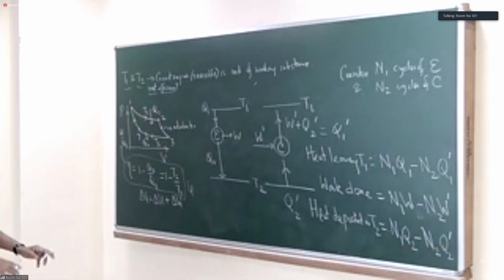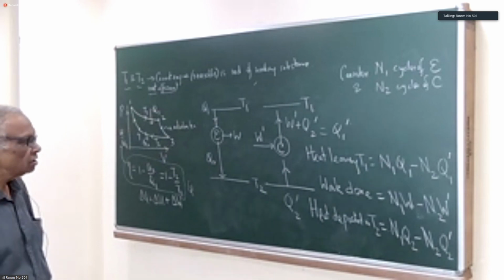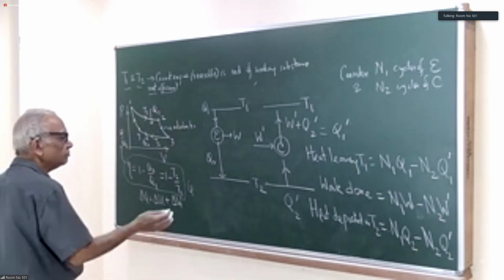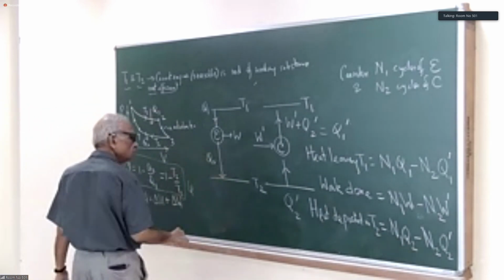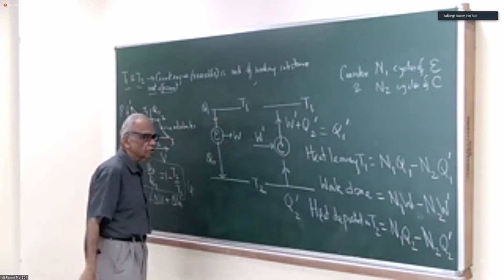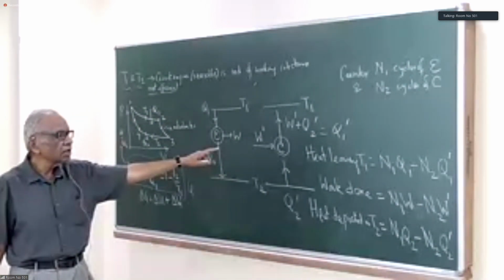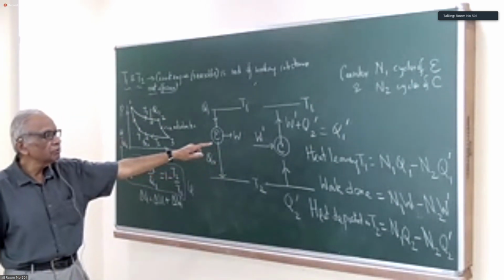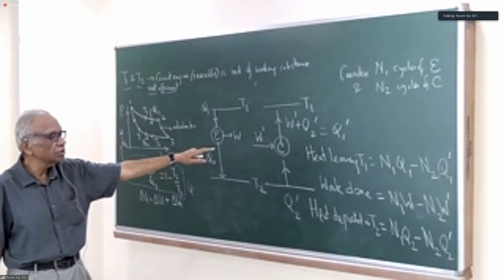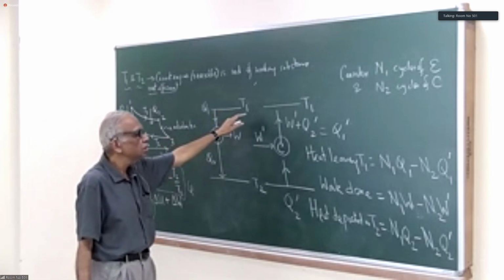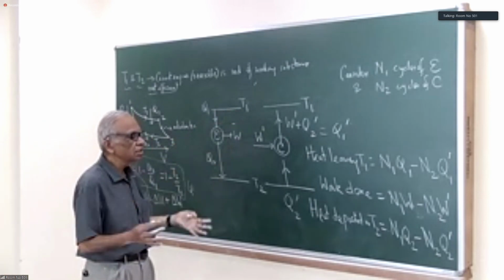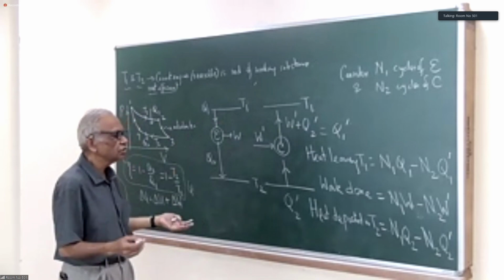So that is the result after I have run N1 cycles of the engine and N2 cycles of the Carnot in reverse, the total process. Now I'm going to consider the situation where the net heat leaving T1 is 0.